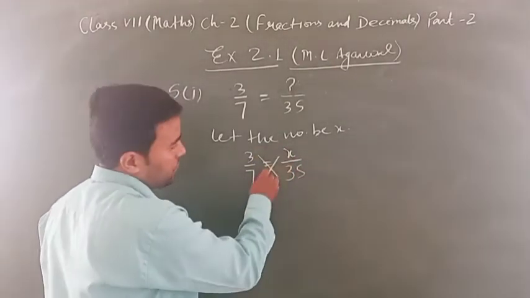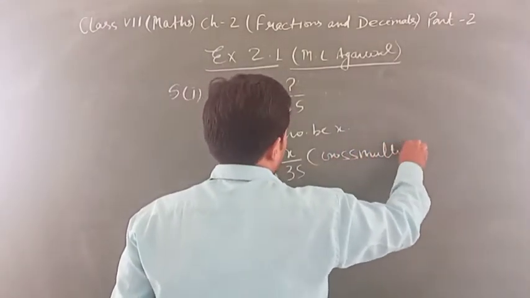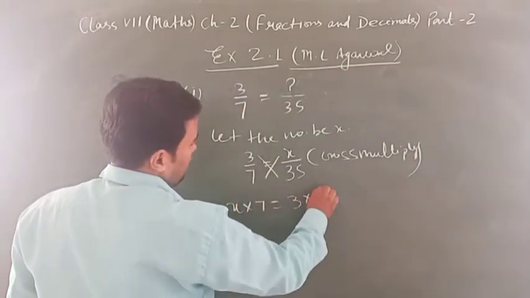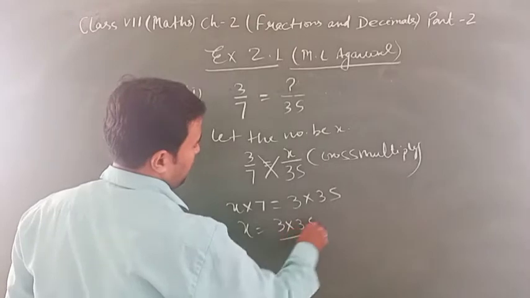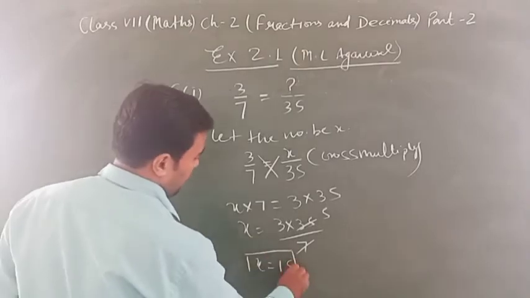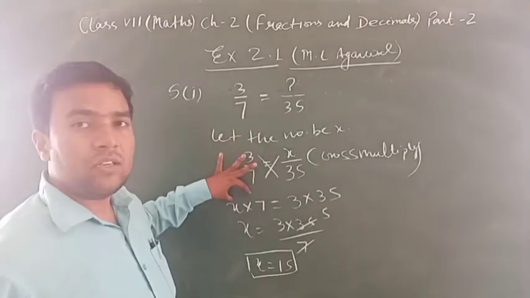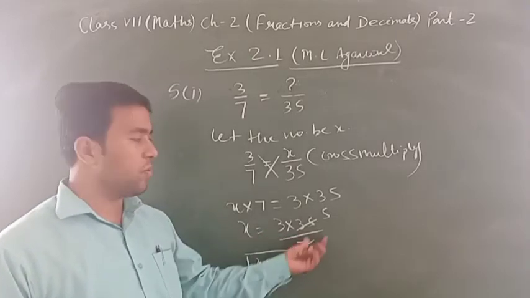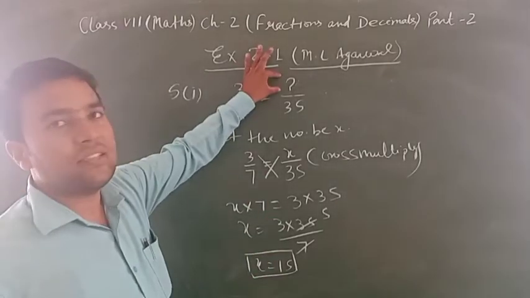Cross multiply: x into 7 equal to 3 into 35. x equal to 3 into 35 by 7. 7 fives are 35, then x equal to 5 threes are 15. Clear? x equal to 15. Clear to you? Means in the blank place which number you will write?